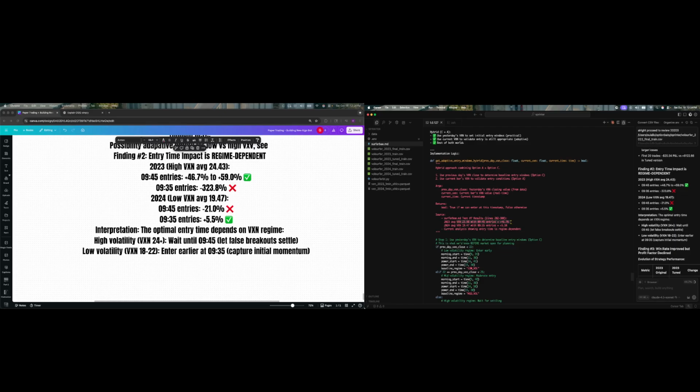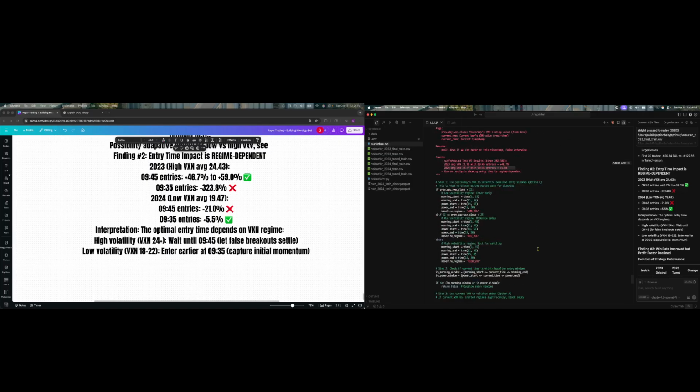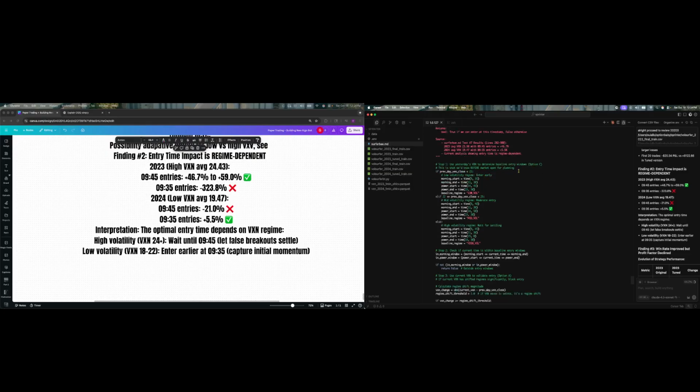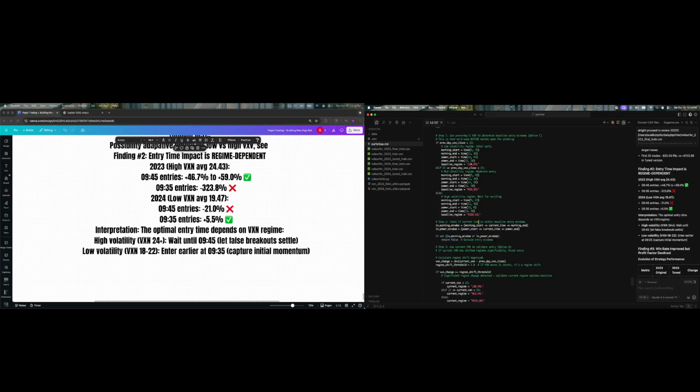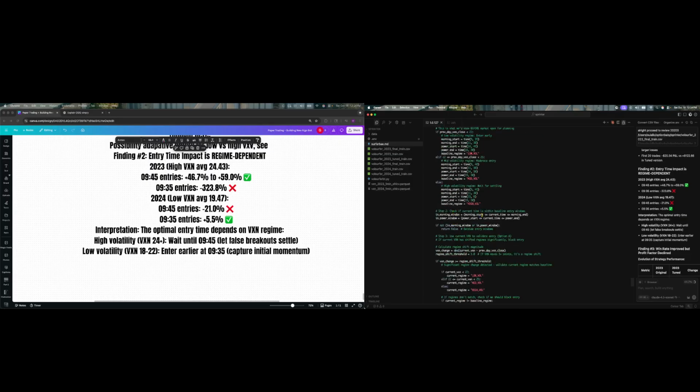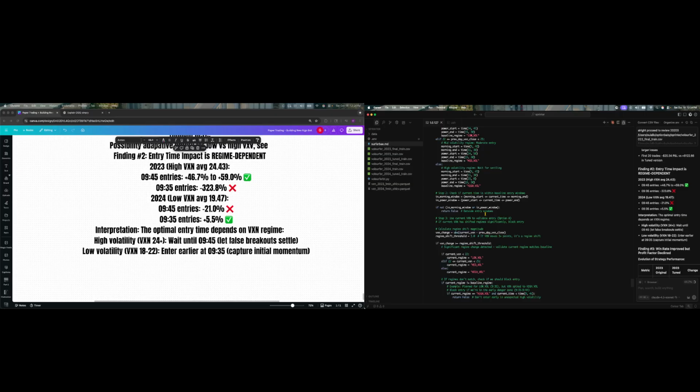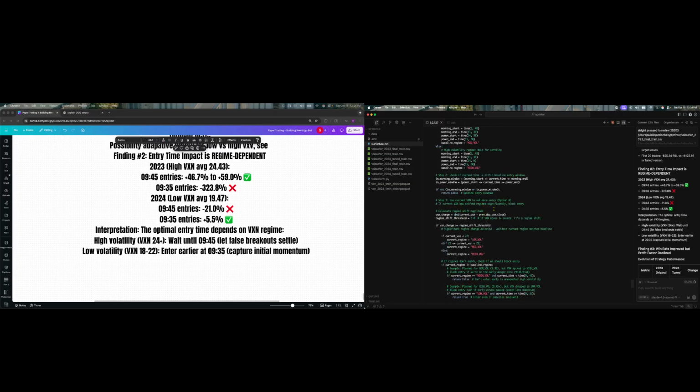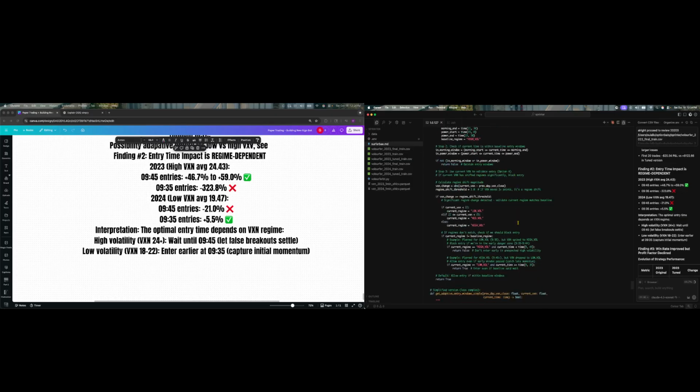Okay, VXN entry. Current analysis showed entry is regime dependent. Step 1, use yesterday's close to determine the baseline entry from option C. This is what we need to know before the market is open for planning. Step 2, check if the current regime is within the baseline for entry. Use the current VXN to validate, option A.